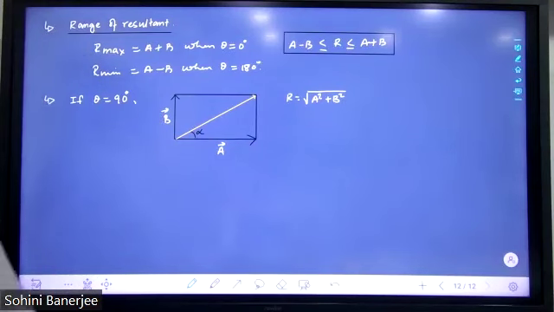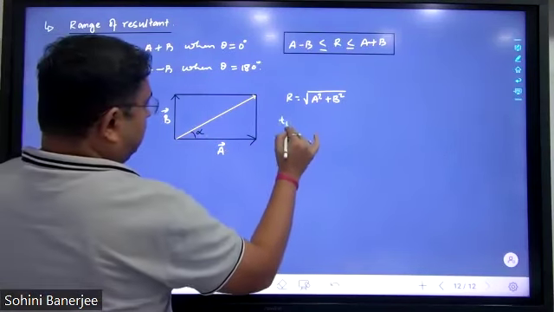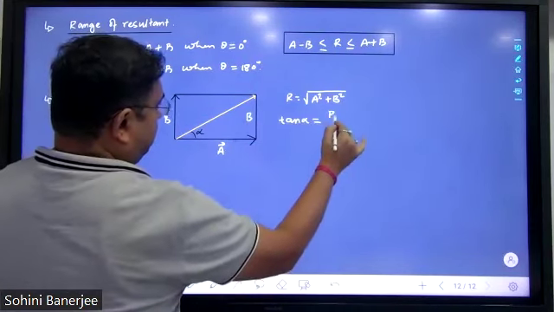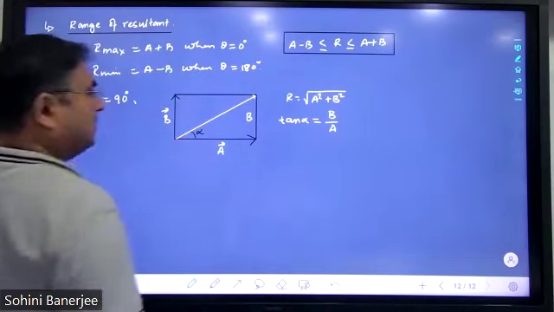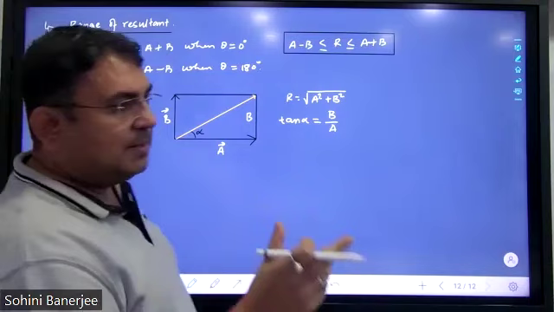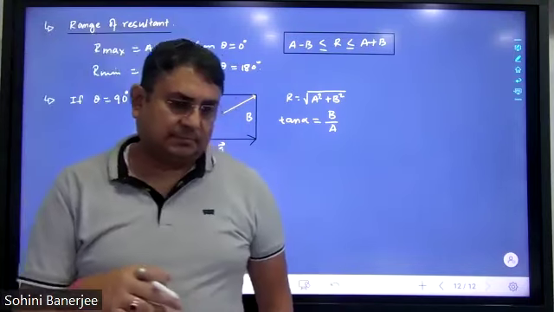And regarding the direction, tan alpha, this is B, tan alpha is B by A. So that parallelogram becomes a rectangle. Clear?